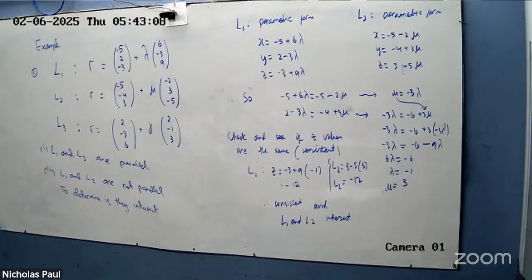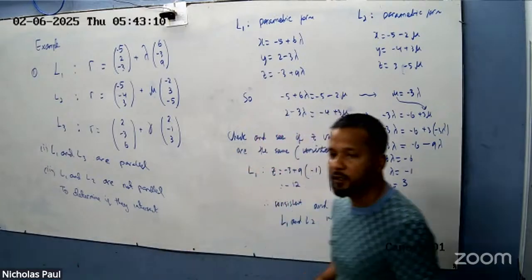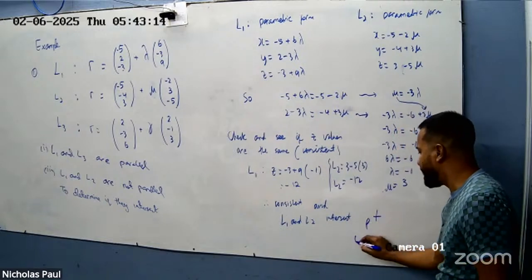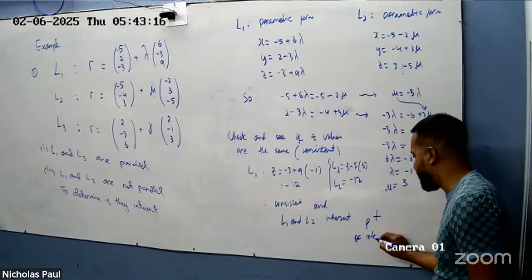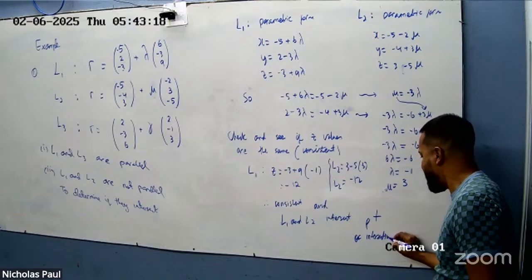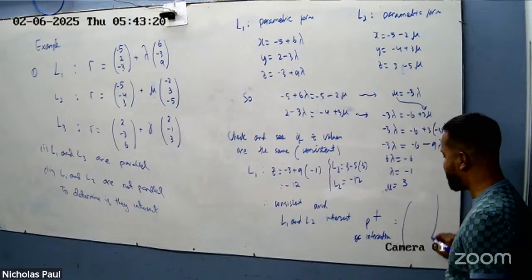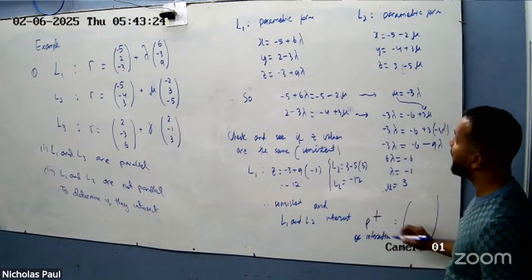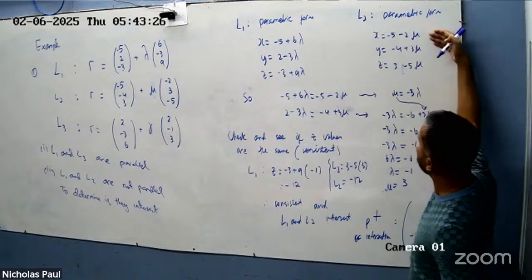Oh, by the way, while I was here, if they ask for the point of intersection, we just need x, y, and z value. We know z is minus 12, so we can easily find x and y.